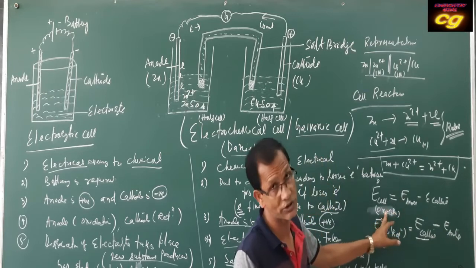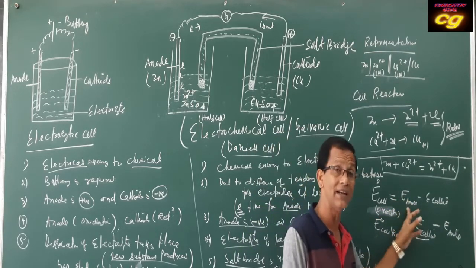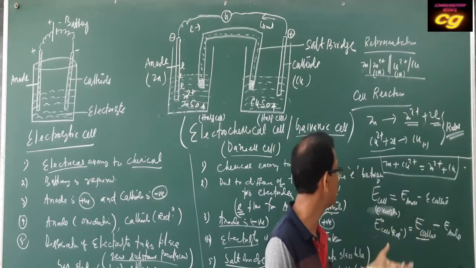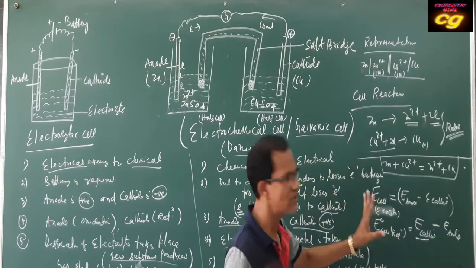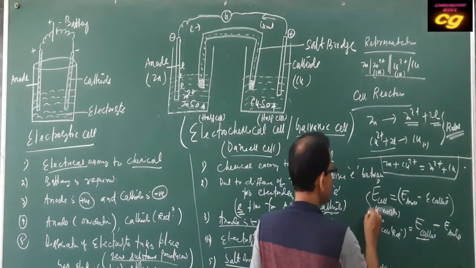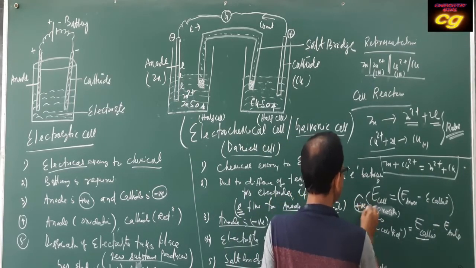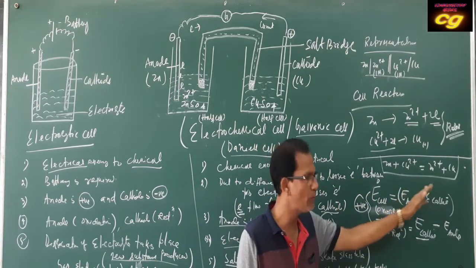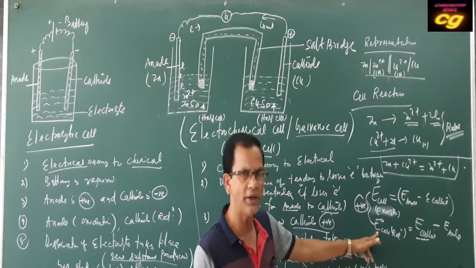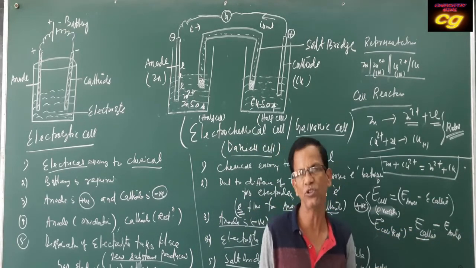But in terms of oxidation potential, anode has a high tendency to lose electron, so E anode minus E cathode. Both are positive.